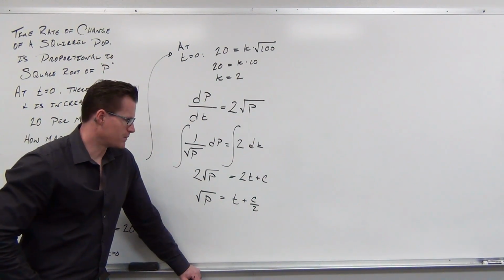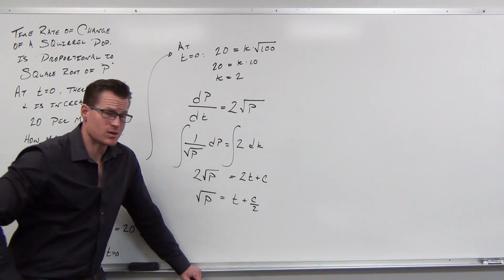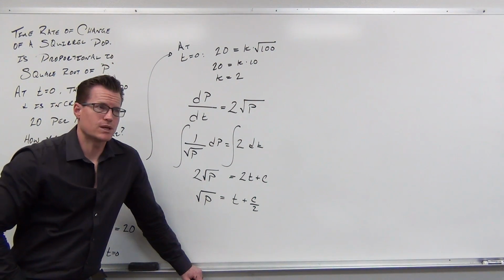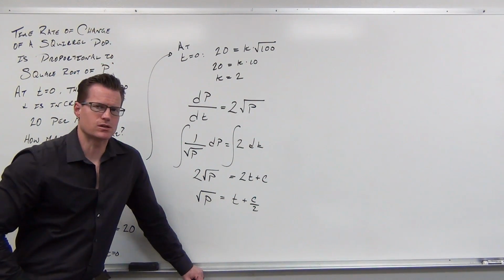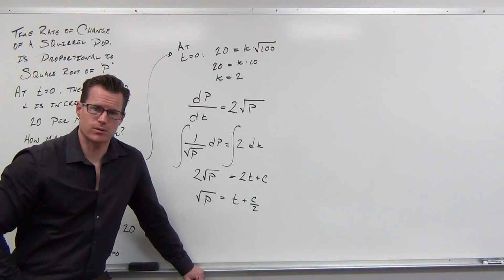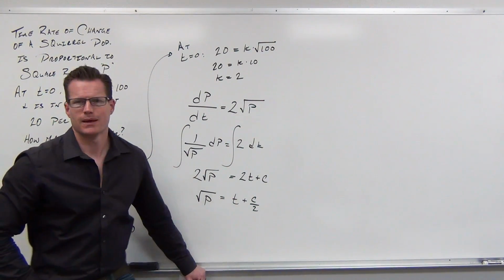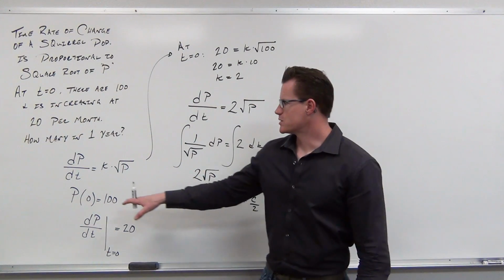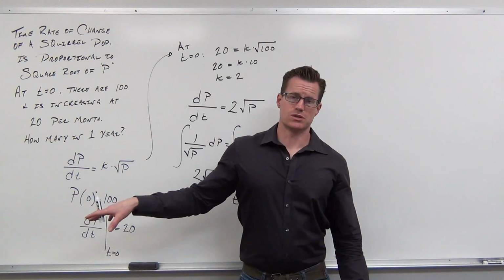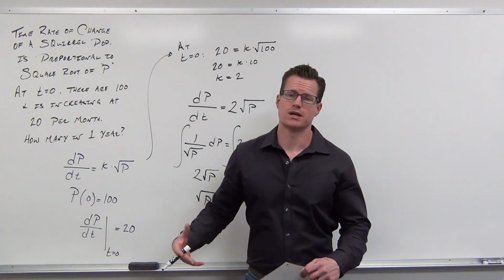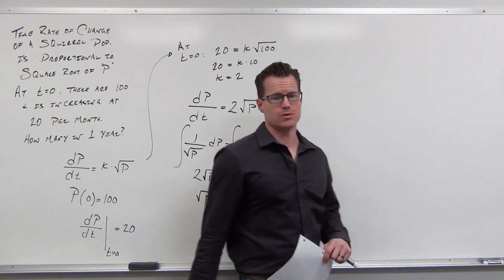If you remember, before we get too heavy into this, it might be a good idea just to solve for c right now. We did that even in the last video with that crazy hard stuff. We solved for the arbitrary constant first. Wait a minute, how am I supposed to solve for that arbitrary constant? Because this tells you the initial value, you can always use that to solve for your arbitrary constant. We did it in basically every population problem we've ever done.